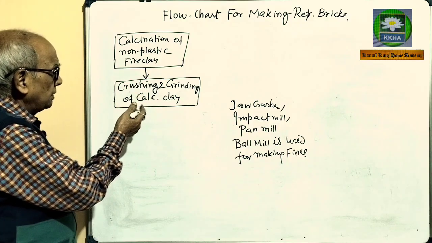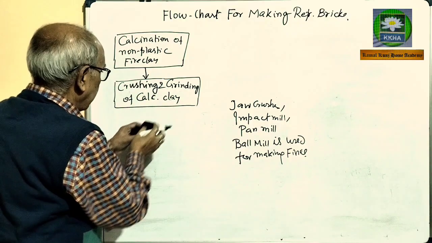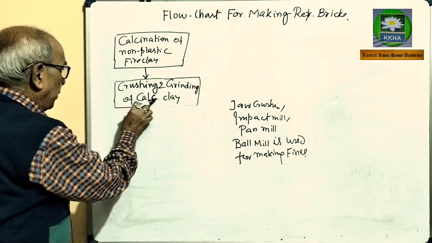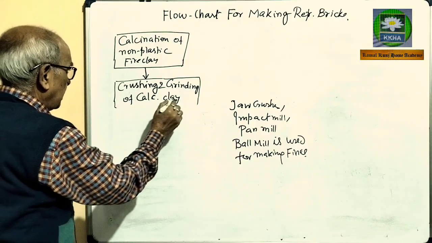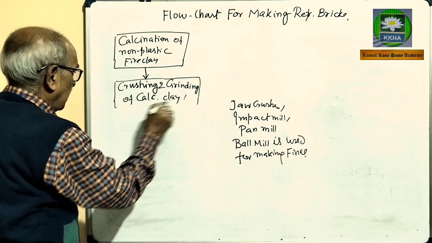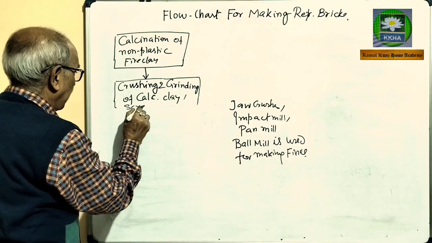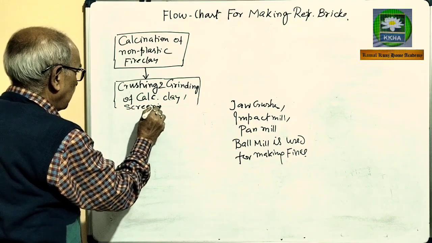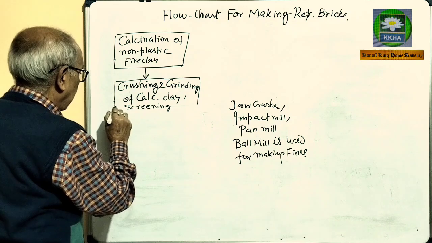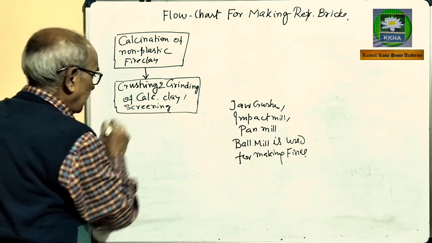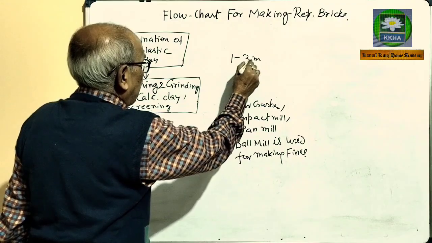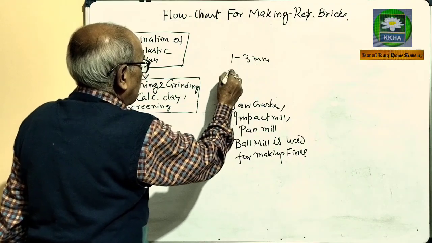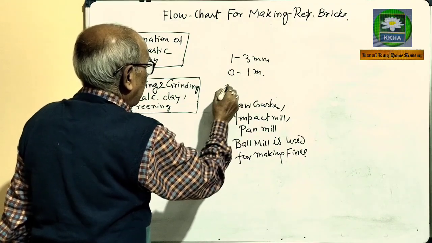After crushing and grinding of calcined clay comes screening into different fractions, either 1 to 3 millimeter or 0 to 1 millimeter.